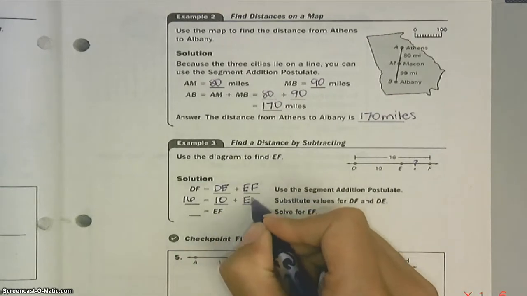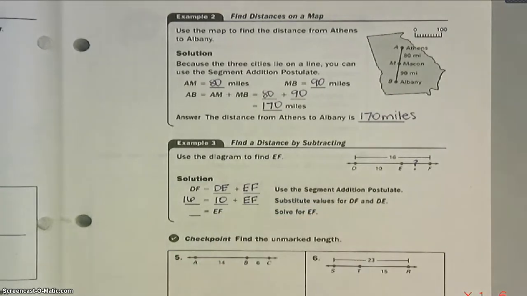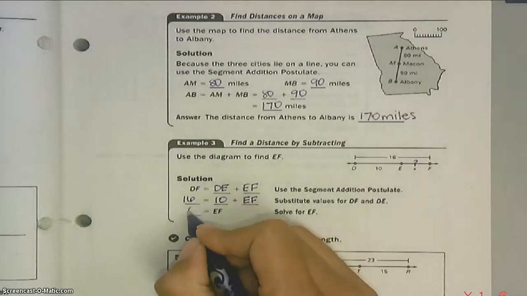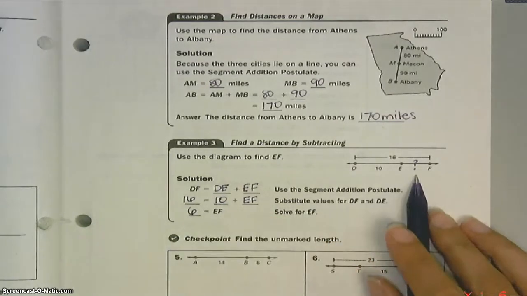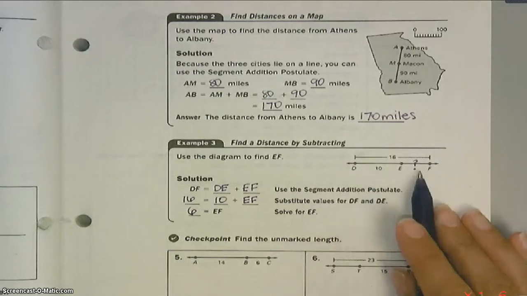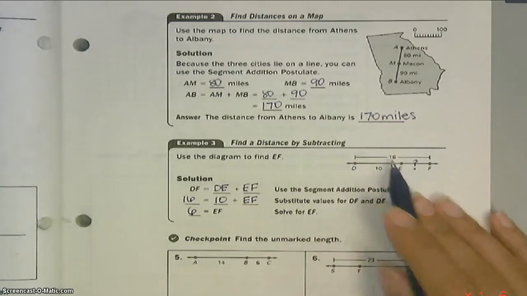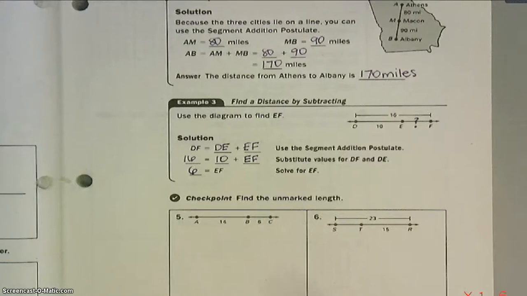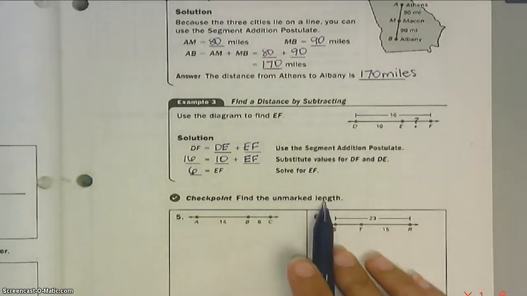So how much more do I need to get to 16? Well, if you subtract 10 from each side, you realize that you need 6 more, because 10 plus 6 is 16.